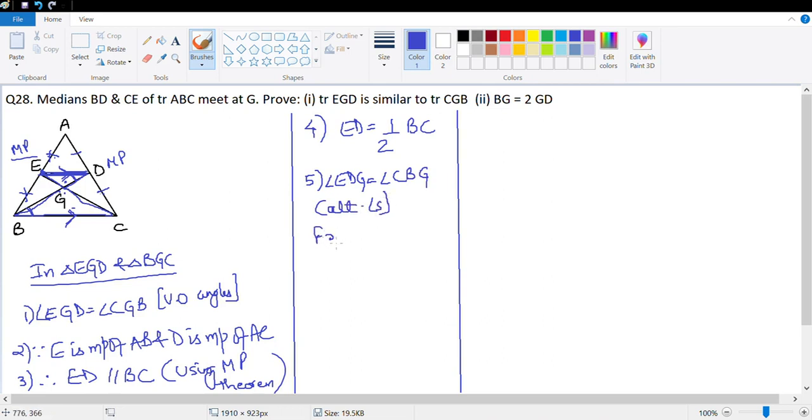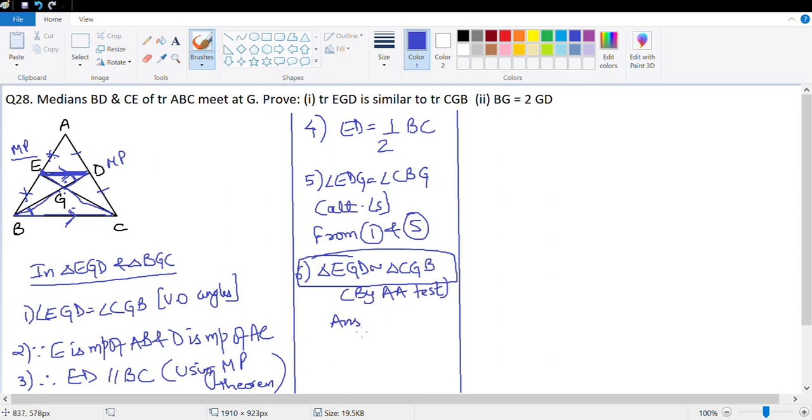So from point number 1 and point number 5, I get triangle EGD is similar to triangle CBG, where G corresponds to G, CGB by AA test. So this part is done. This is the answer to part 1, hence proved.